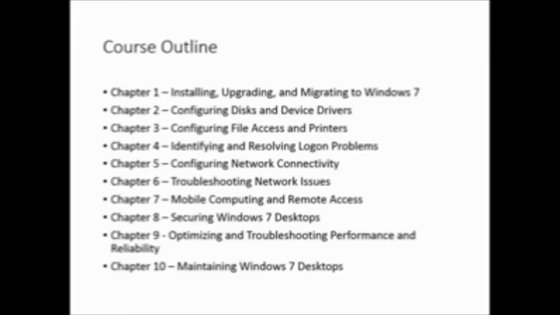Next, we'll look at configuring file access and printers. So we'll be talking about things like NTFS file permissions and shared folders, setting up network printers, kind of covering the groundwork first to make sure that we understand these various components before we move into servicing them and supporting them. And so from there, we will go to identifying and resolving logon problems.